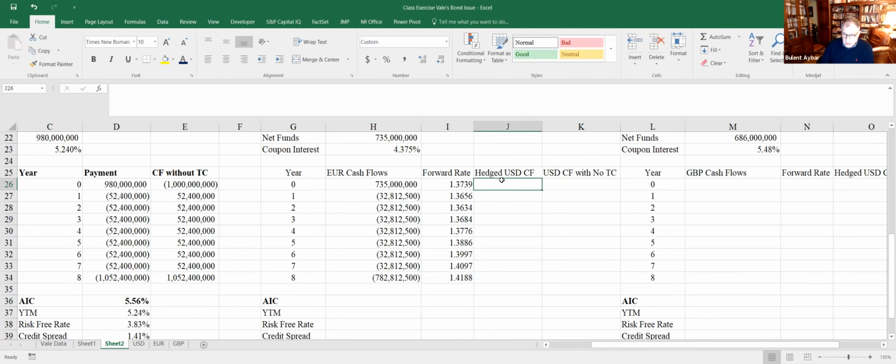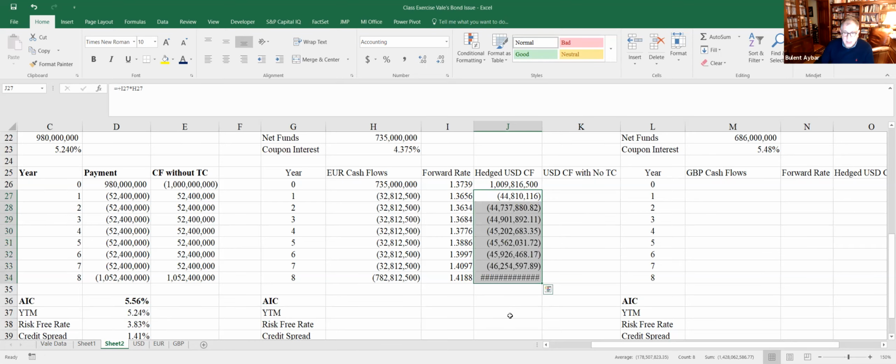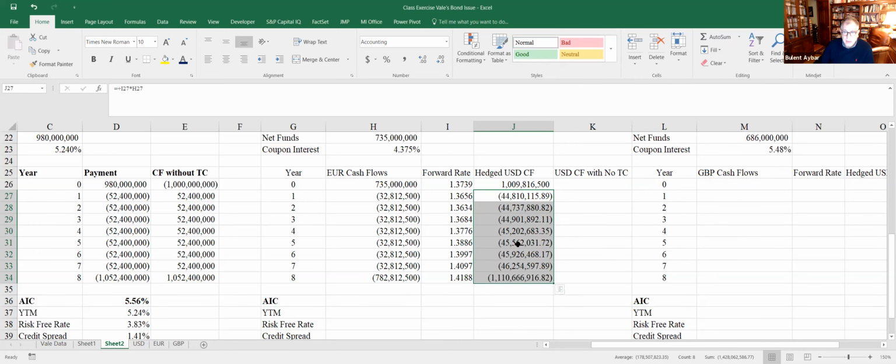So from here, we could calculate the hedged US dollar cash flows, converting the euro cash flows at the forward rates. Obviously, this is a spot rate, but every other rate is a forward rate. So we are going to multiply the forward rate and the euro payment. If you copy these through, you will get all the hedged cash flows. Now we have US dollar cash flows in here.